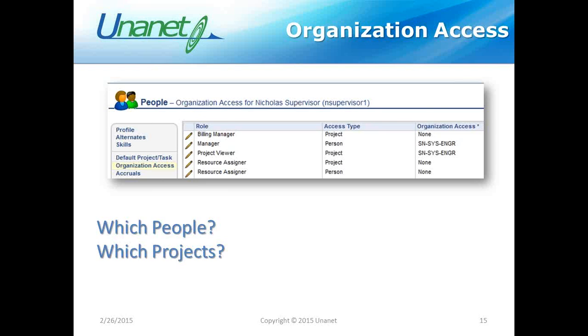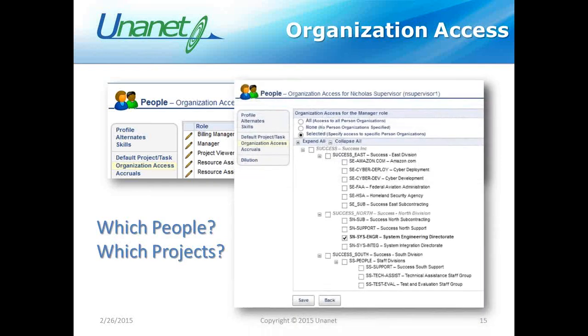But for the billing manager, since the organization is none, he can't view the billing info and process any invoices. So for each role, access has to be granted for none of the organizations, all the organizations, or at least a selection of organizations here.